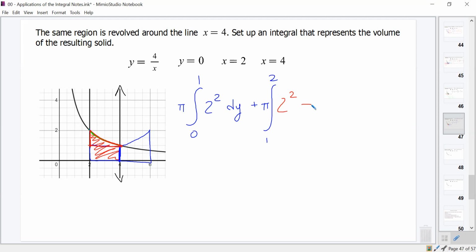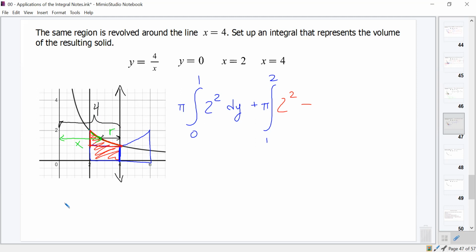And our inner radius is the distance from the function over to the line that we're revolving around. Well, this entire distance right here is just going to be 4 units, but we need to knock off x units from that to give us this inner radius.